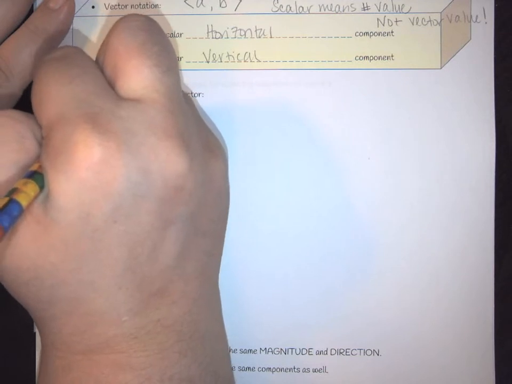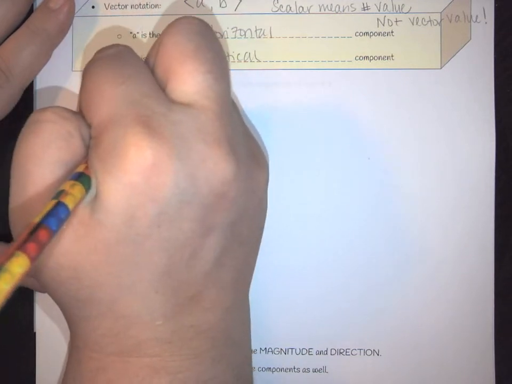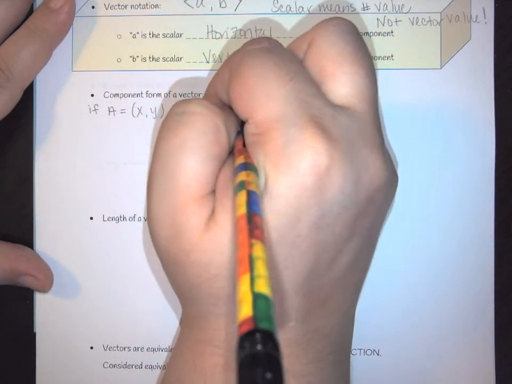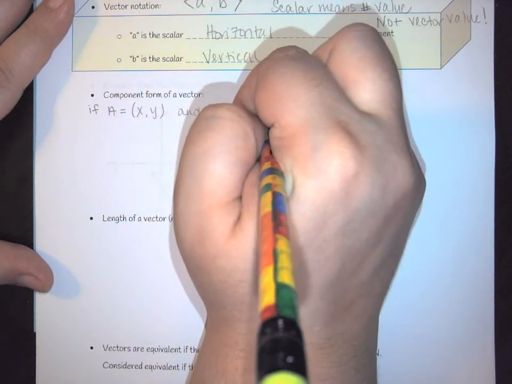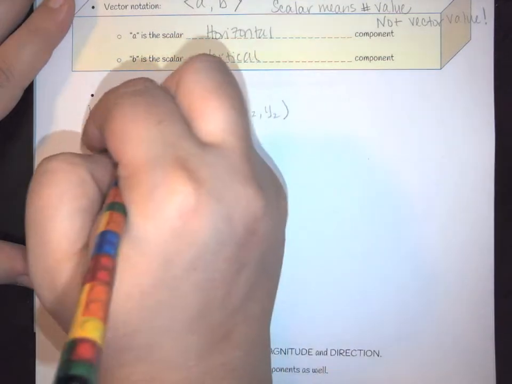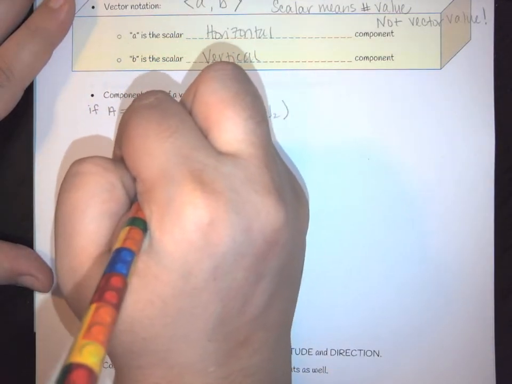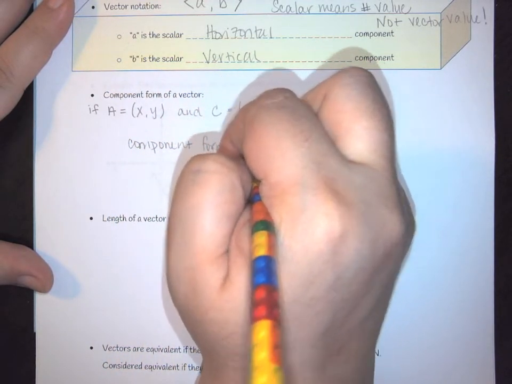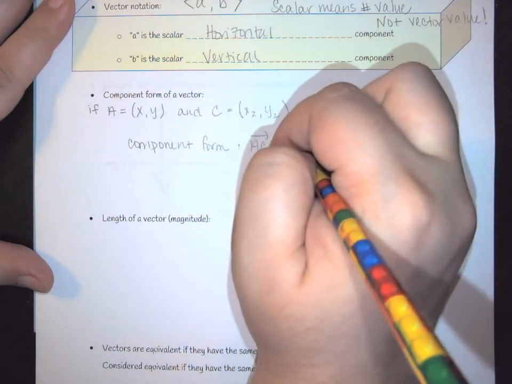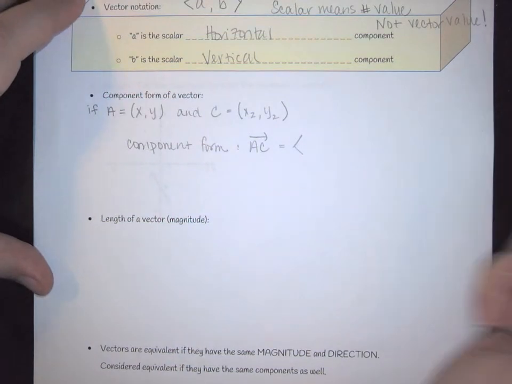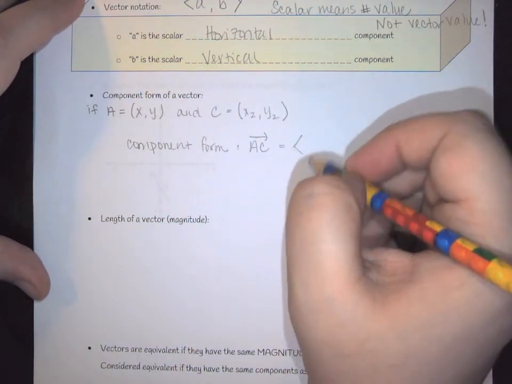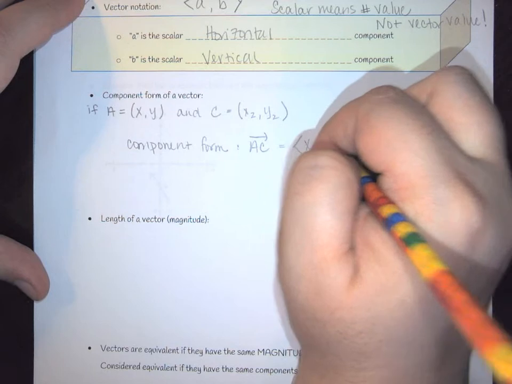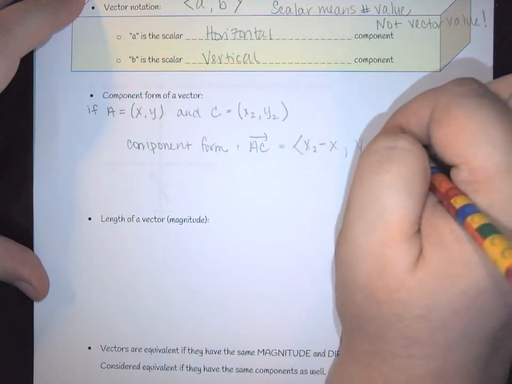If we have that A is the point x, y, and C is the point x2, y2, your component form of vector AC is going to be sharp bracket, x2 minus x, comma, y2 minus y, and close it.